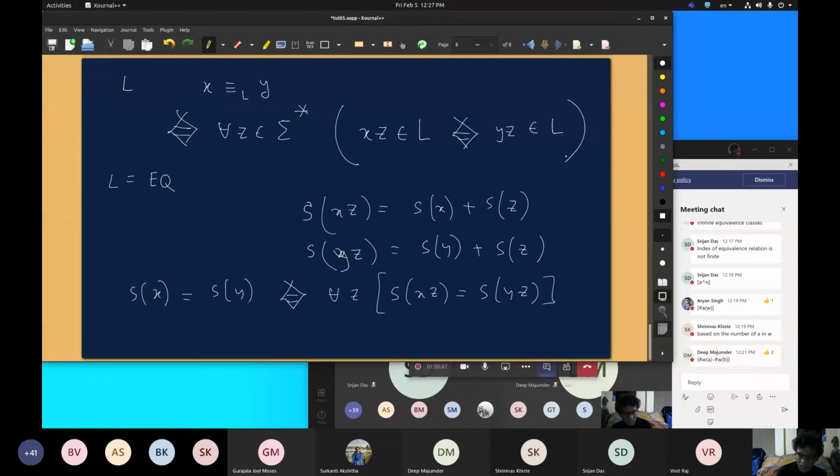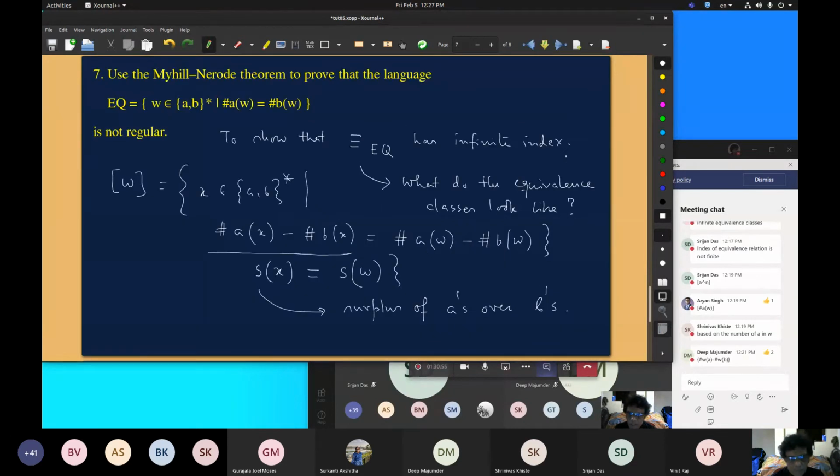So based upon these surplus values, you can define equivalence classes. And what is the surplus value? This is basically an integer valued thing: 0, 1, -1, 2, -2, 3, -3. So there are infinitely many equivalence classes. And therefore, this cannot be regular.